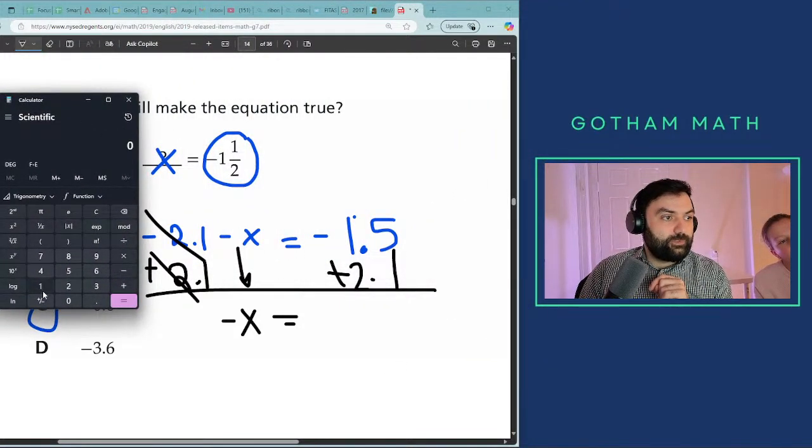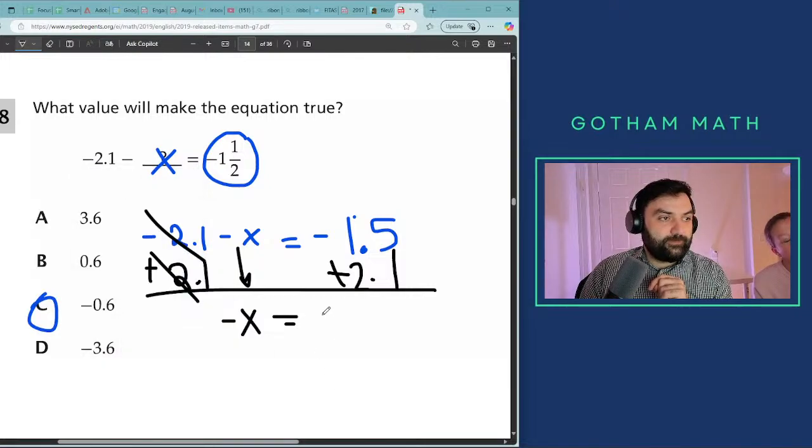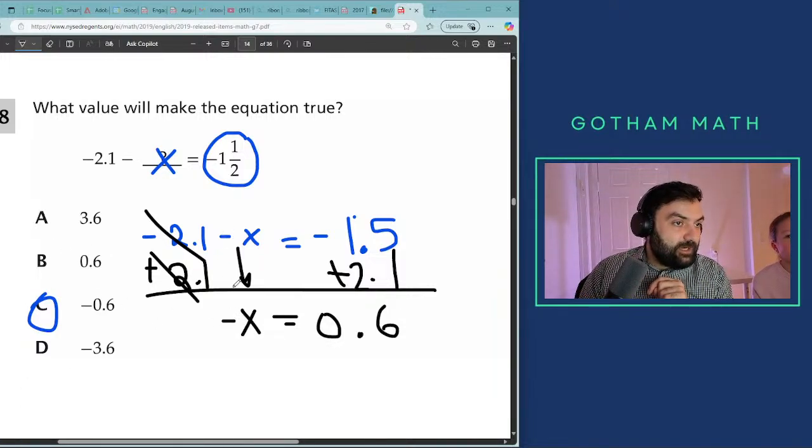It's negative 1.5 plus 2.1, which is 0.6. And if you did not bring down the negative with the x, you would just have chosen the B.